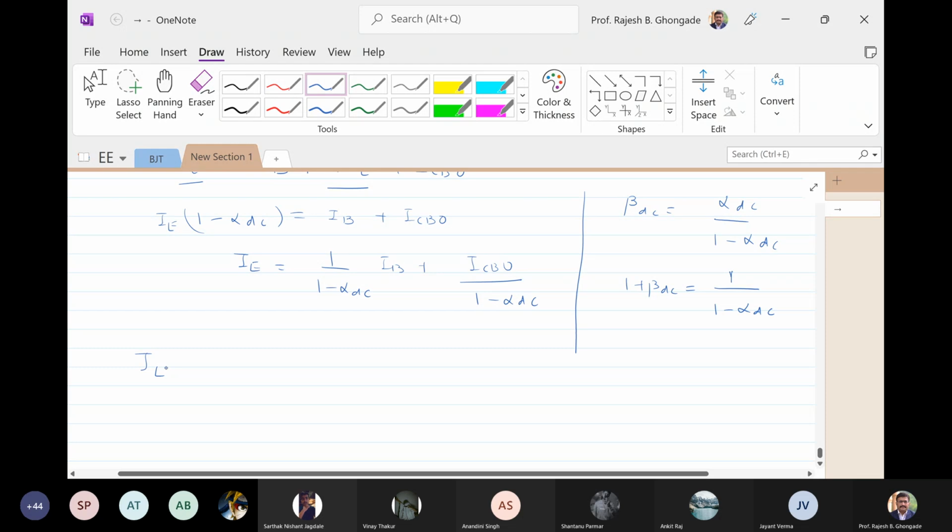Neglect the term in the sense we neglect the effect of that term, especially when we are not changing the temperature. So IE happens to be 1 plus beta DC into IB. What kind of relationship do I get between IE and IB?